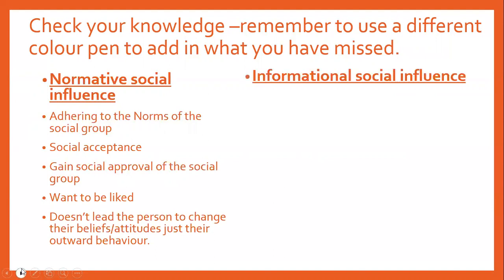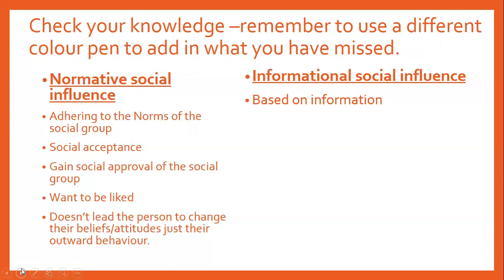Informational social influence, it's based on information. Remember, like I've said to you before, simplify the names. Informational social influence is all about the information. Normative social influence, it's about the norms. Let's get back to informational social influence. Informational social influence is based on the information.